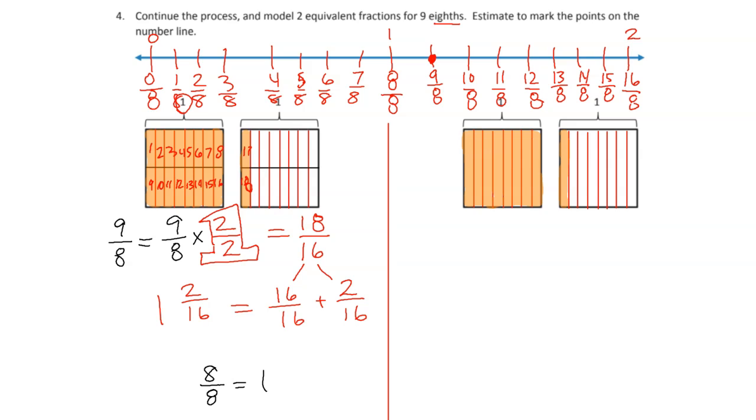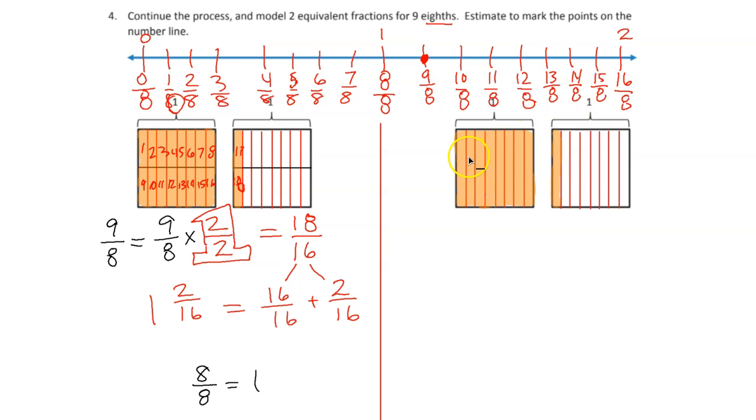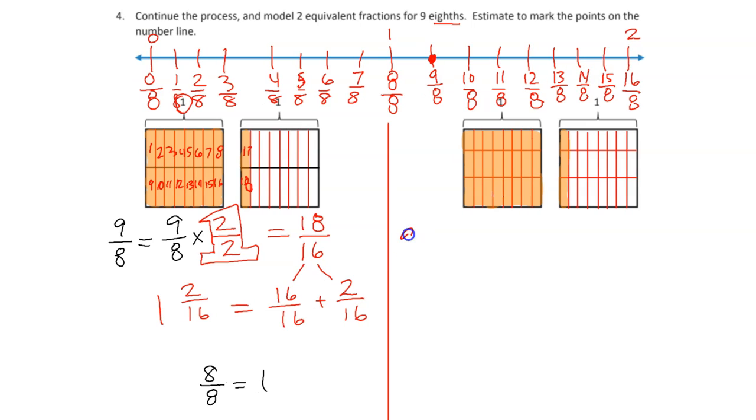Alright? Same thing on the second model. Instead of drawing one horizontal partition to get 2 horizontal parts, we're going to draw 2 horizontal partitions to get 3 horizontal parts. Not perfect, but we'll take it. Alright, so let's take a look at that. Now we have 9/8 is equal to 9/8 times 3/3.